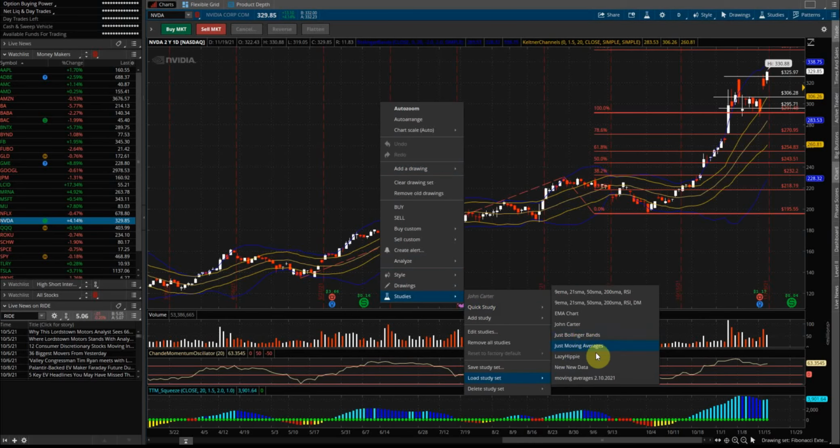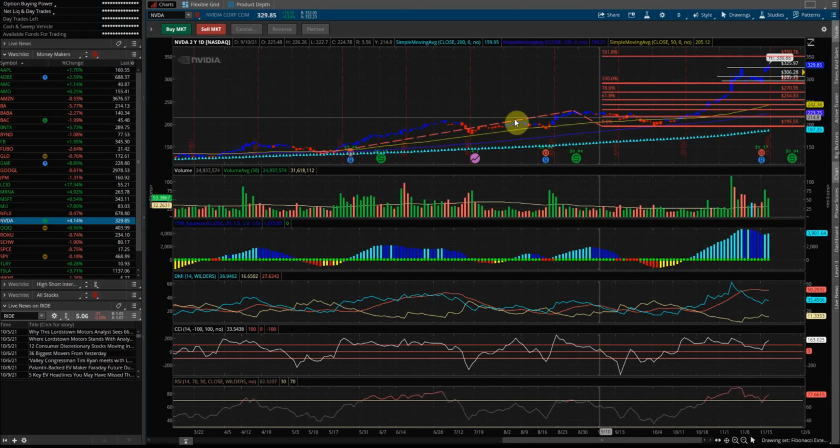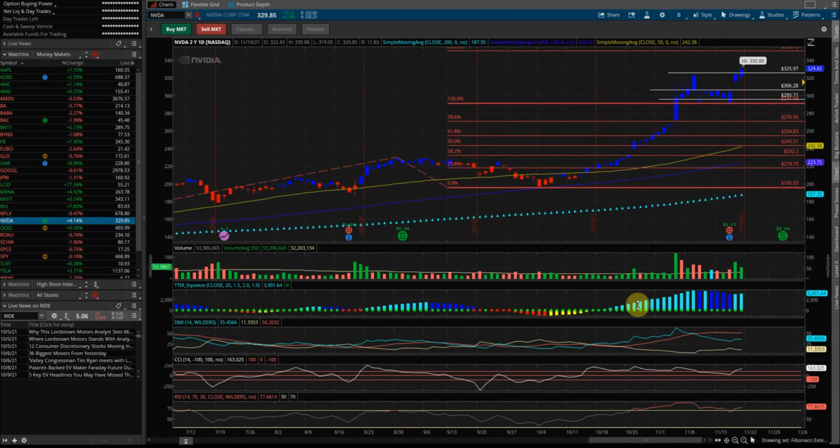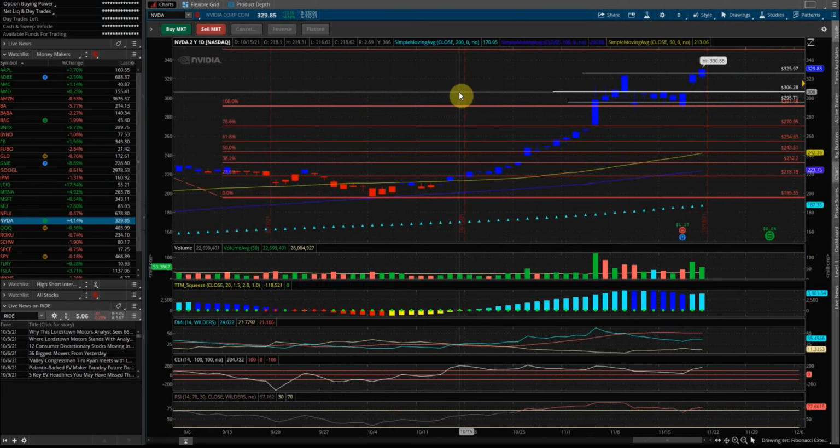But let's see. This is somebody I know. These are the indicators that they use: the TTM squeeze, the DMI, the CCI. Can't even think of what that is. And the RSI. I think this is too busy for me personally, but some people trade like that.